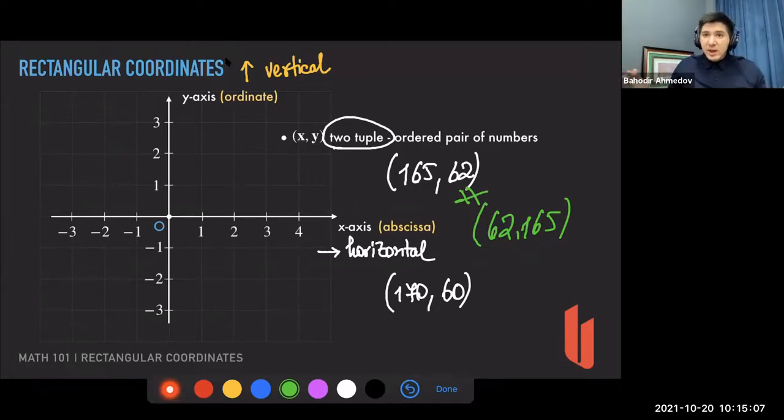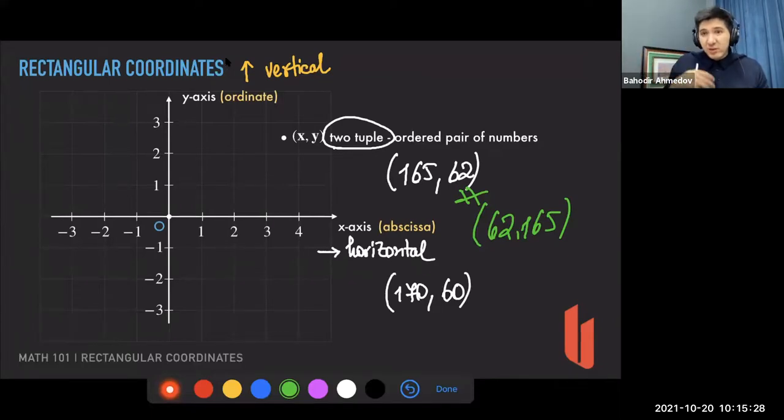So whenever you write down a pair of numbers together inside brackets, it is called a two-tuple, where the order is important. Every position means something, and you cannot just mix them up. Later on, we are going to introduce a 3-tuple for points in 3-dimensional space.